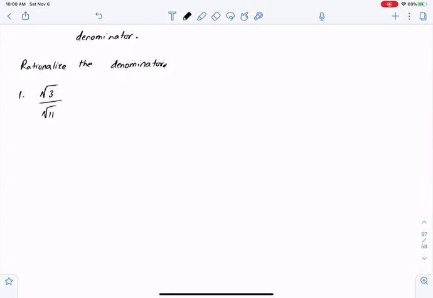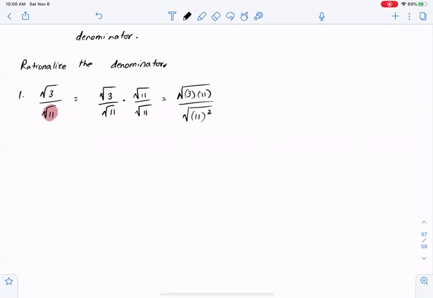To rationalize, I'm going to take the denominator and multiply and divide by it. The numerator becomes square root of 3 times 11. The denominator becomes square root of 11 squared.